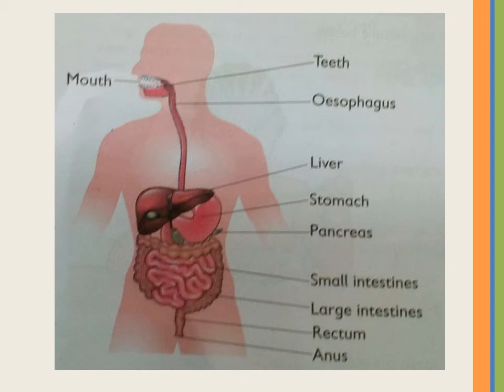The stomach produces gastric juice, which helps to digest food that contains proteins. The stomach also produces acid that kills germs in food, called hydrochloric acid.